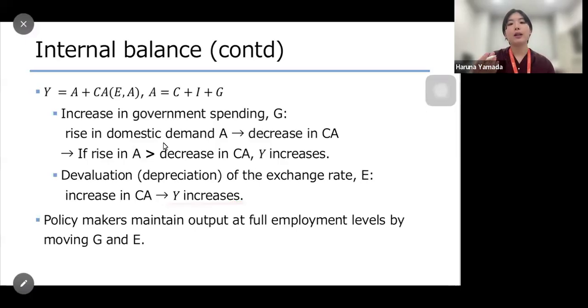Like that, government or policymakers can control G or E to achieve the output at the full employment level, YF. So policymakers maintain output at full employment level, YF, by moving G, government spending, or the exchange rate.